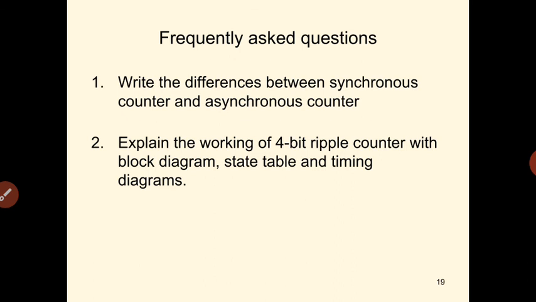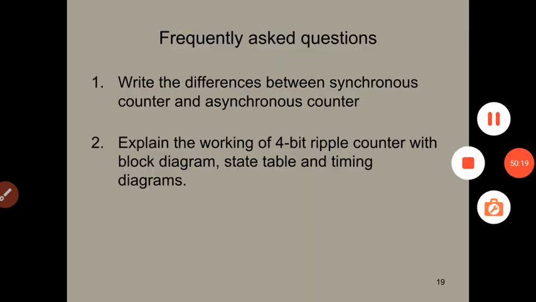For each and every clock pulse, the output q0 toggles, and whenever q0 changes its state from logic 1 to logic 0, which is the clock input to the second flip flop, the q1 output toggles. Similarly, when q1 output changes from logic 1 to logic 0, then only q2 toggles, and similarly when q2 changes its state from logic 1 to logic 0, q3 toggles. So based on that, you can draw the timing diagram also.